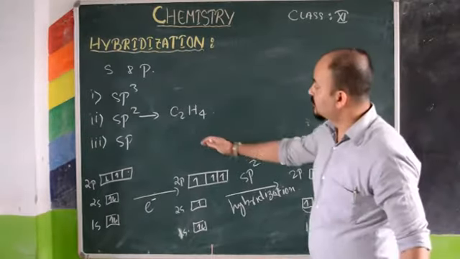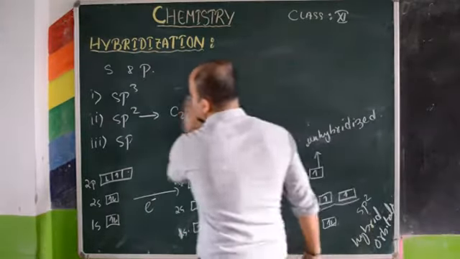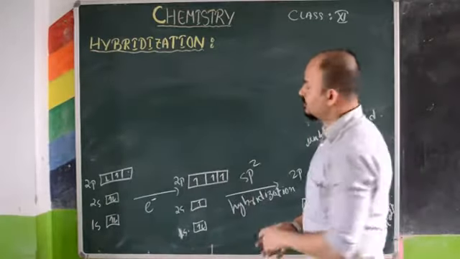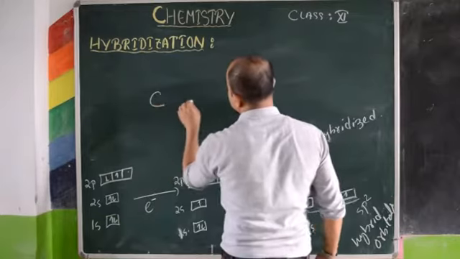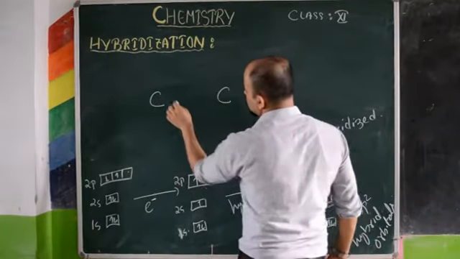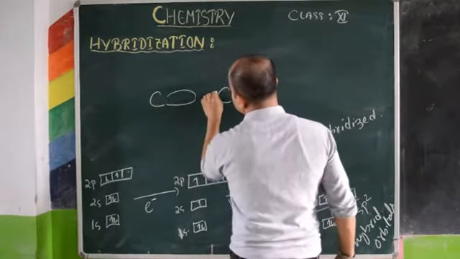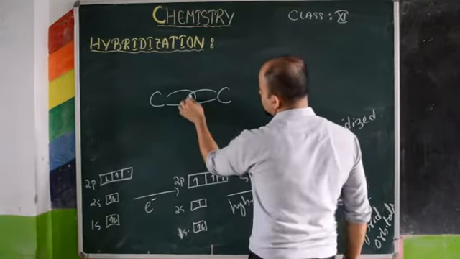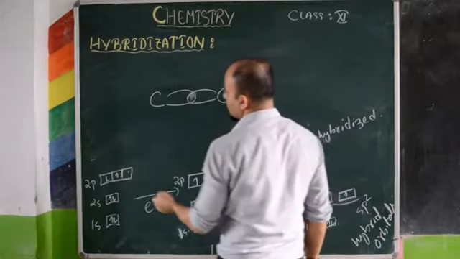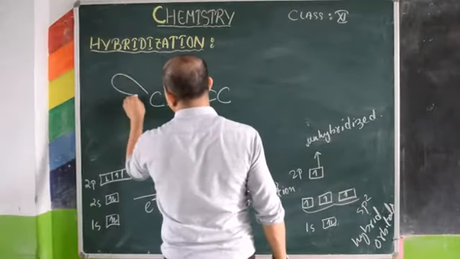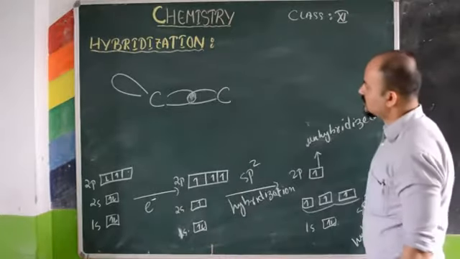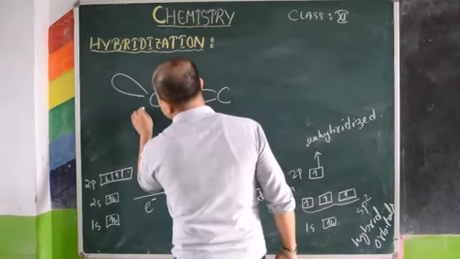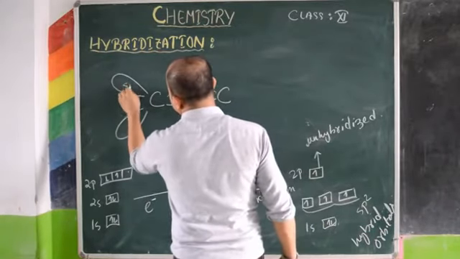Now, in case of C2H4, let's discuss its structure. In ethene, you have 2 carbons. This carbon and this carbon will be forming a sigma bond by overlapping, and each carbon is bonded with 2 hydrogens. These are sp2 hybrid orbitals.